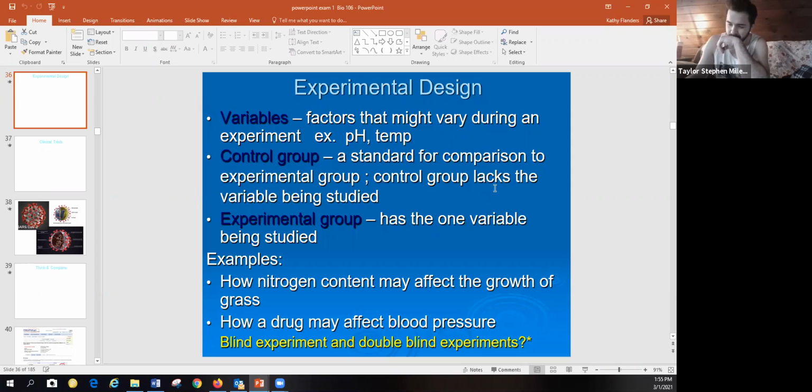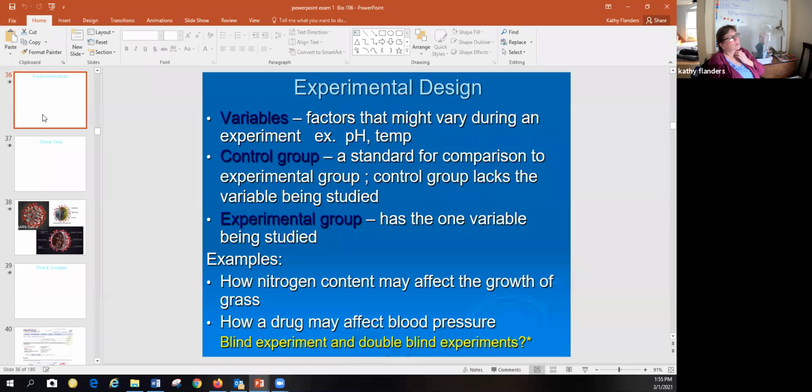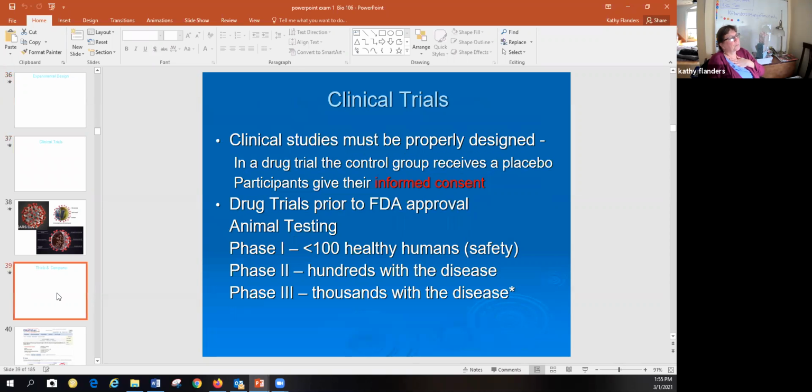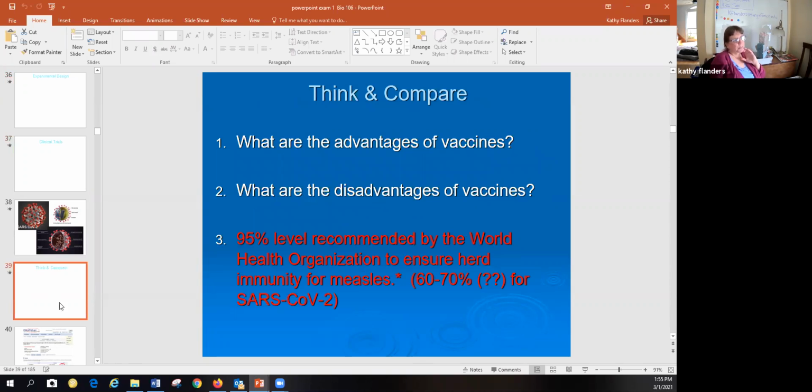But there may be some where there's no way for you to be ignorant of what's happening to you. So there's a whole lot of different types of things out there. Different kinds of experiments.